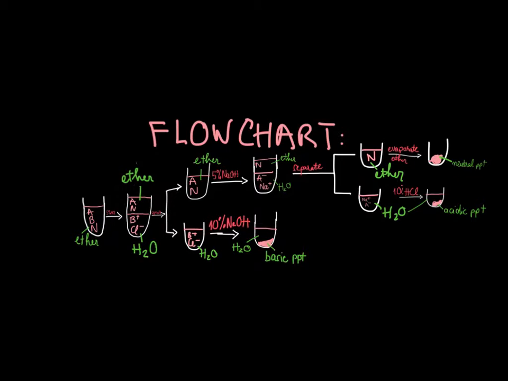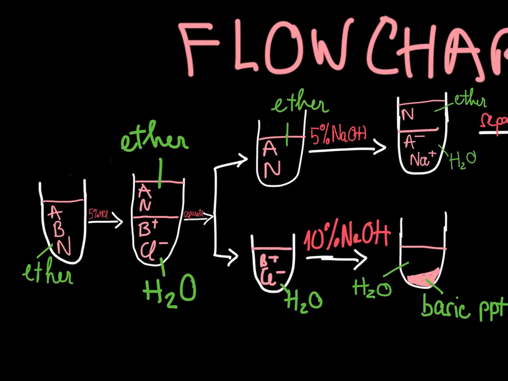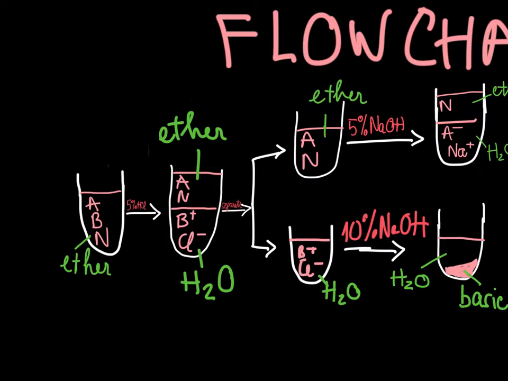This flowchart is an overview of how acid, base, and neutral compounds were separated. The student started off with acid, base, and neutral dissolved in ether, as you can see here, then separated the base from acid and neutral by adding 5% hydrogen chloride to the ether layer.